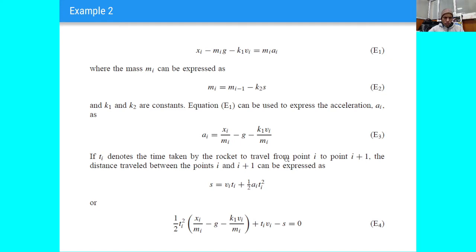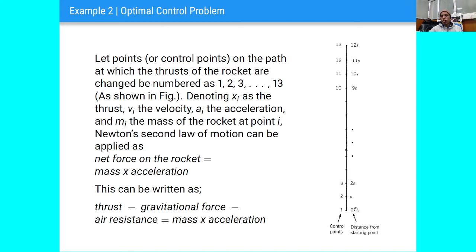So let us consider a few things more. If Ti denotes the time taken by the rocket to travel from control point i to control point i plus 1, what is Ti? Ti is not the total time. Ti is the time which the rocket is taking for traveling from control point i to i plus 1. Try to understand from this figure.